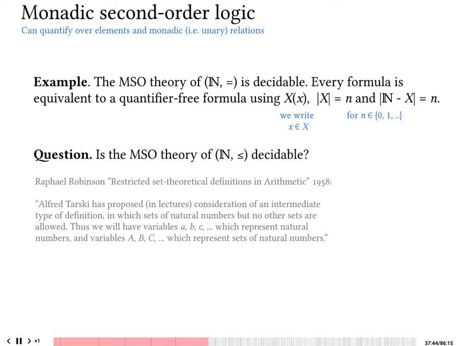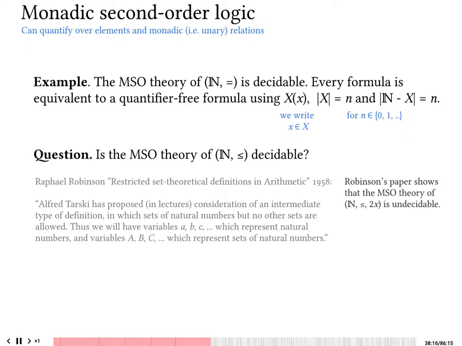You can find this quote in a paper by Raphael Robinson, which says that it was Alfred Tarski's idea to discuss an intermediate between first order and second order definition, where you are allowed monadic second order logic. And then the question that was asked is, for monadic second order logic, what happens if you consider the natural numbers with order?